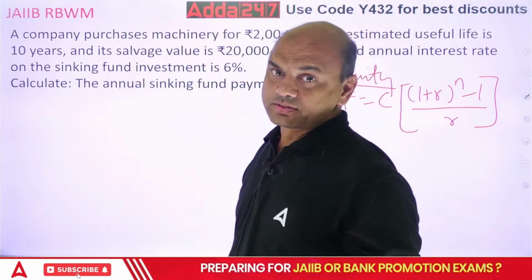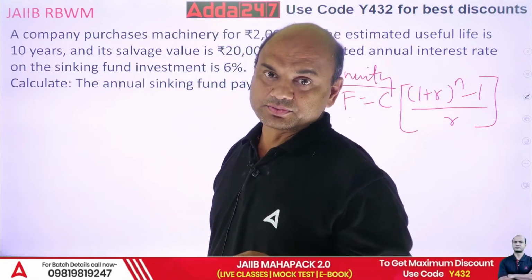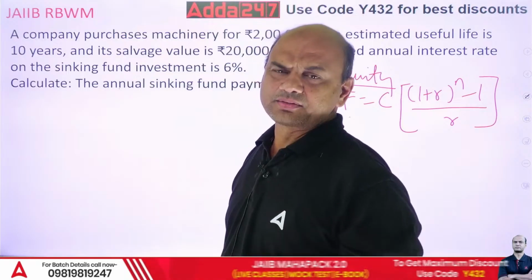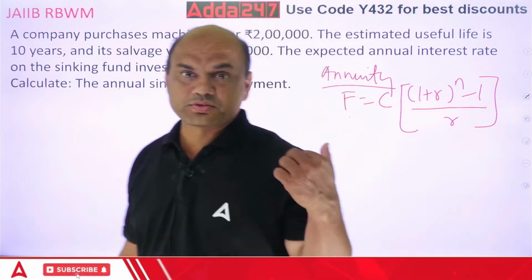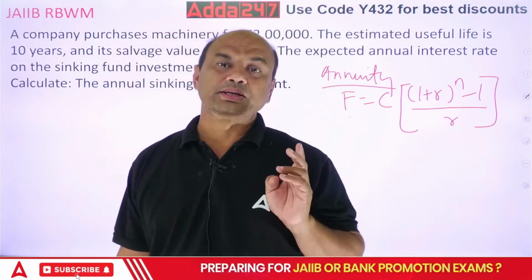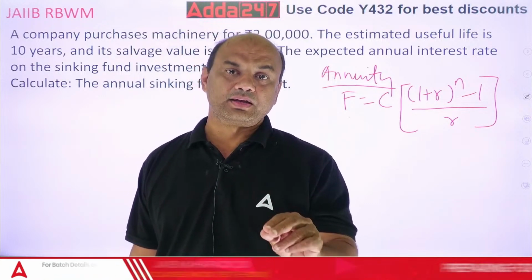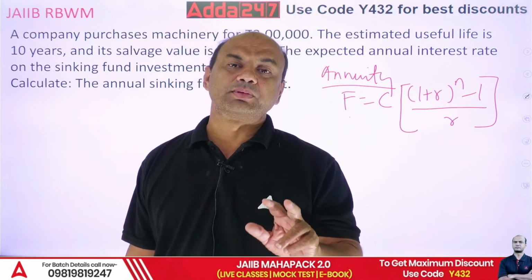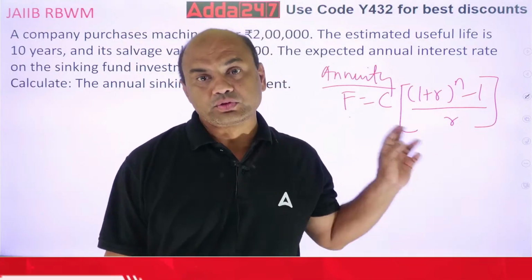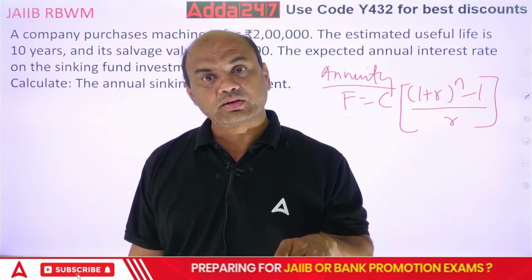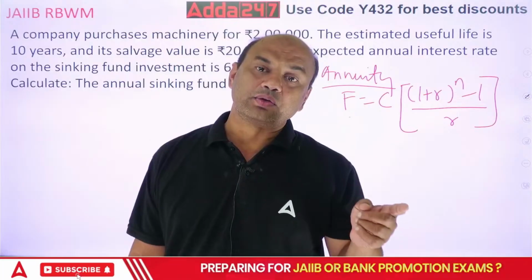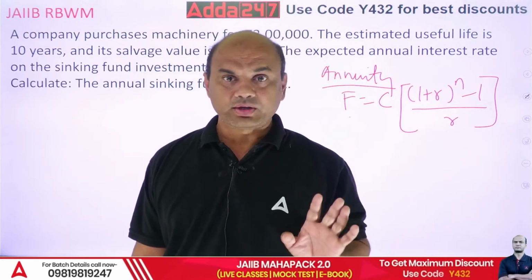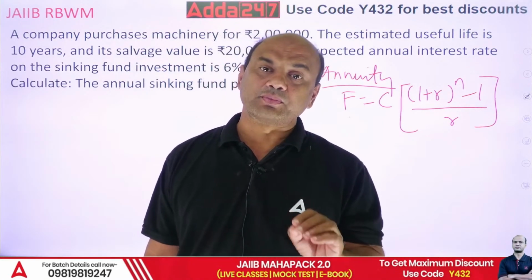Everyone knows this. I have taken it yesterday also, many times. Future value, present value and EMI: these three formulas should be by heart for you. Future value of ordinary annuity, future value of annuity due. All these formulas should be by heart.